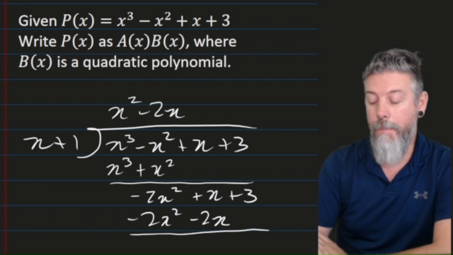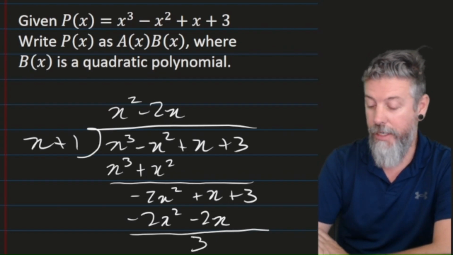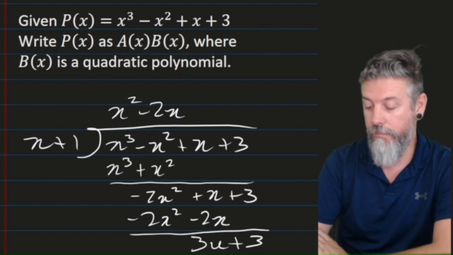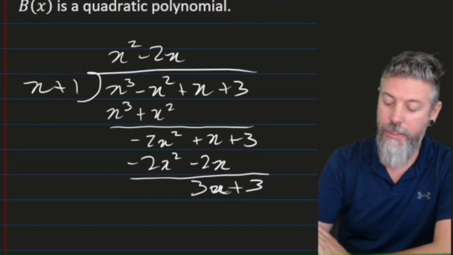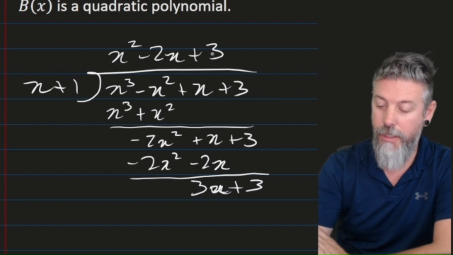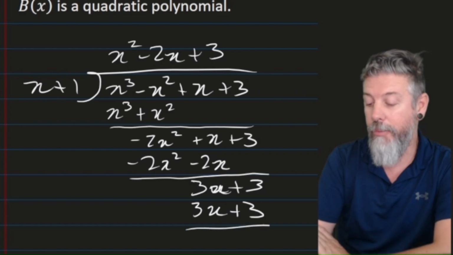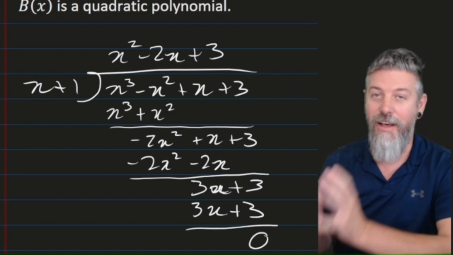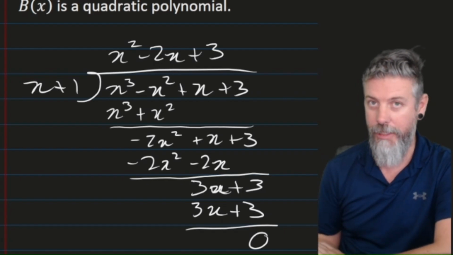And then x minus negative 2x, so we add 2x, so we get 3x plus 3. That's an x. And now we're going to put the final one in. x goes into 3x 3 times, and 3 times x is 3x plus 3, and we get a remainder of 0. Now that has to be the case. We've been working on the whole foundation here that there is no remainder function.